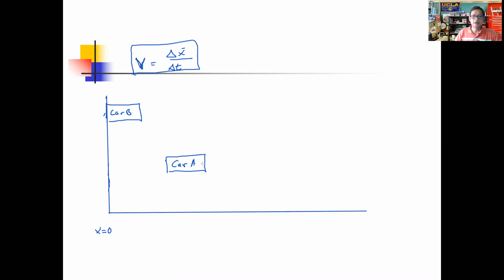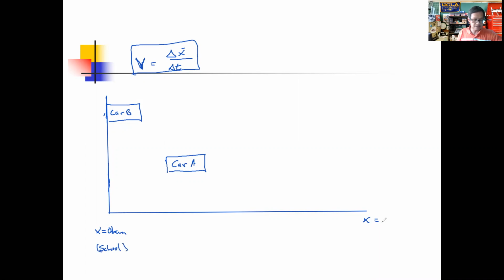At this point here, this is the beach, so we'll call x equal to 0 kilometers here. This is the school, so we'll indicate this position as where the school is located.